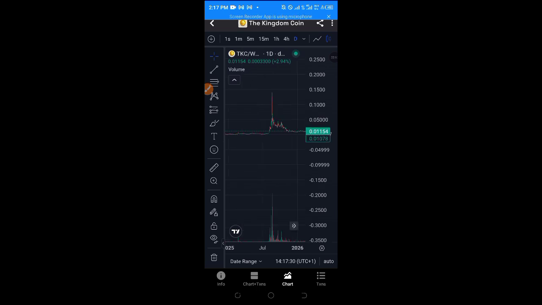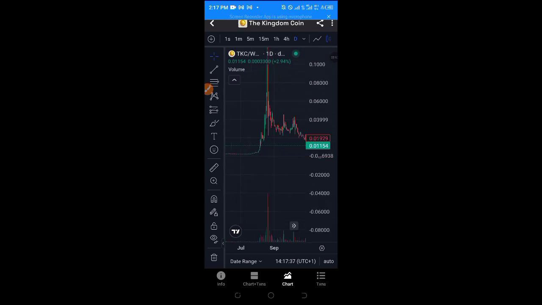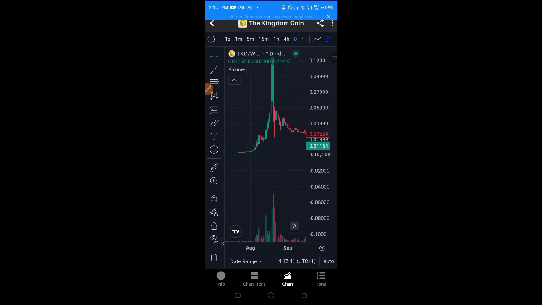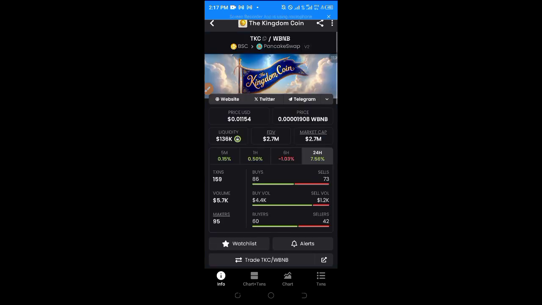I think this is also below the current price, but the chart has been healthy in the sense that you are having highs and lows. So it means this is an active community token. When you are having highs and lows, compared to tokens where everything you have been having is lows, lows, lows, lows, you don't want to invest in such kind of tokens.